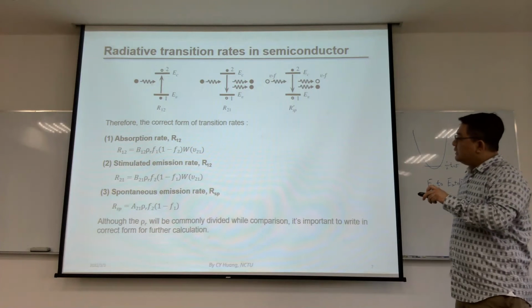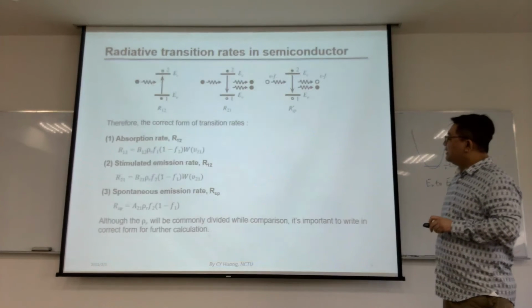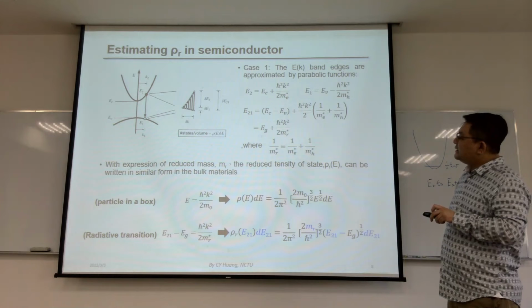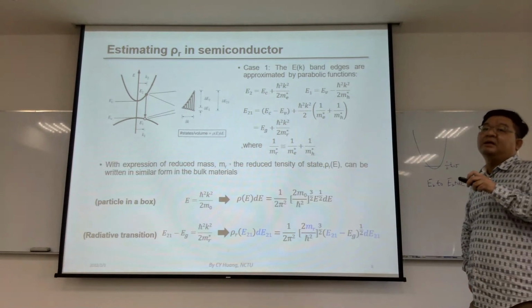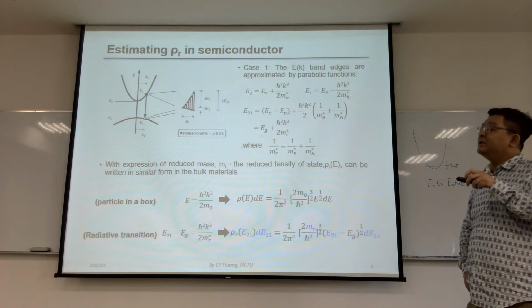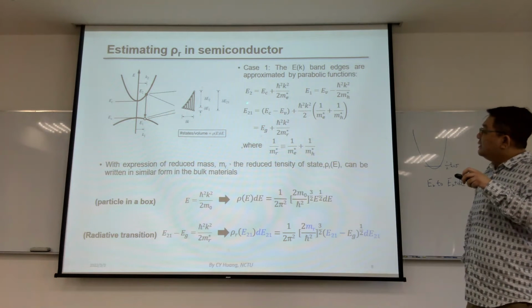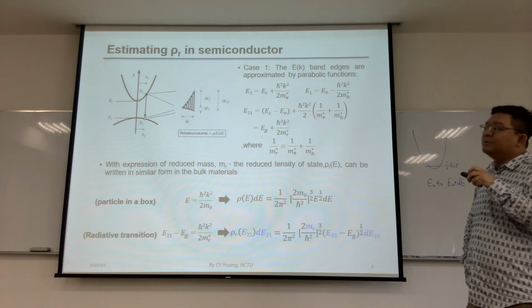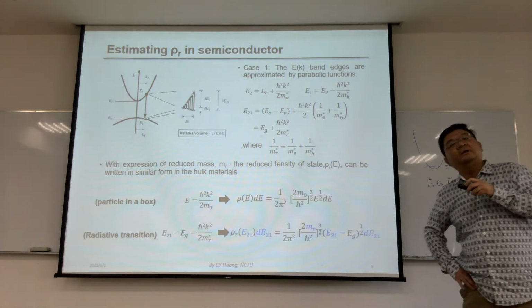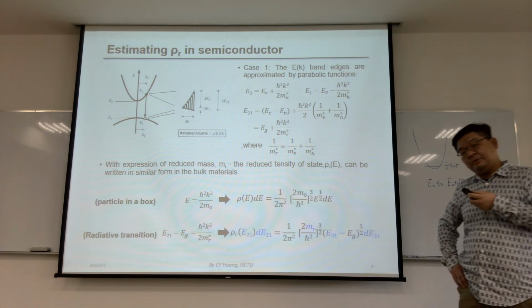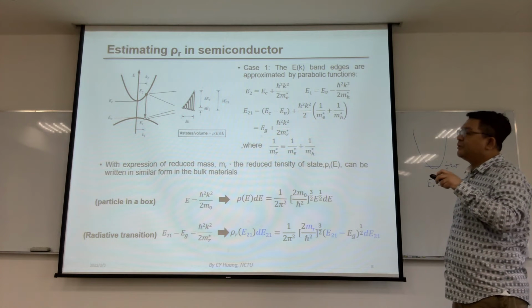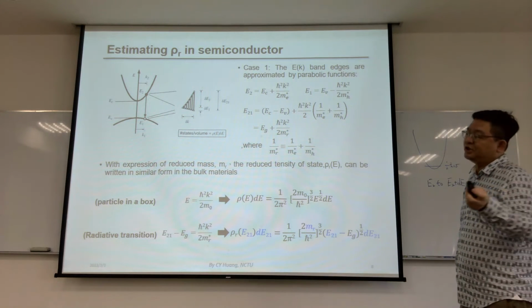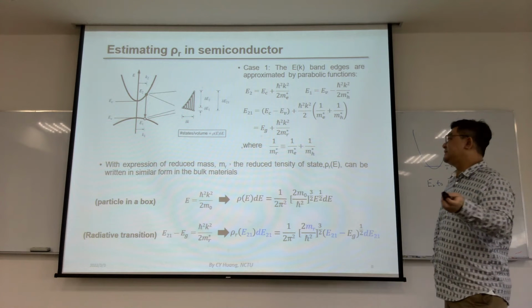So let's equate each other. Before equating each other, we can see what the reduced density of state comes out to be in the 3D and the 2D case. Case 1, if we do the simple parabolic assumption, that's what we do in this lecture. We just approach the band edge as a simple parabola, so its behavior is just like free electrons with a different mass.